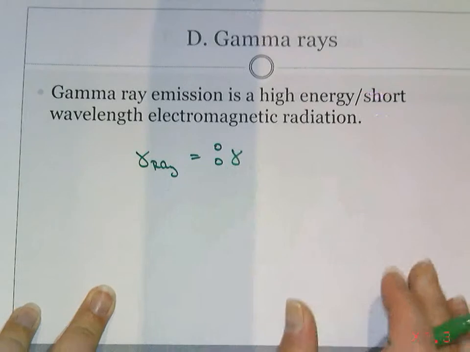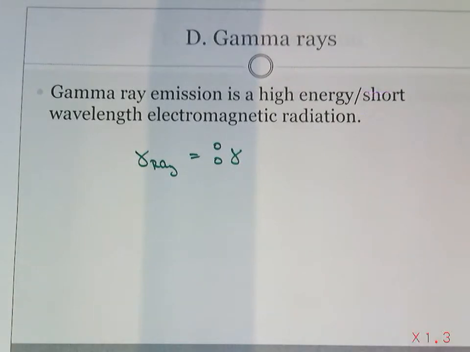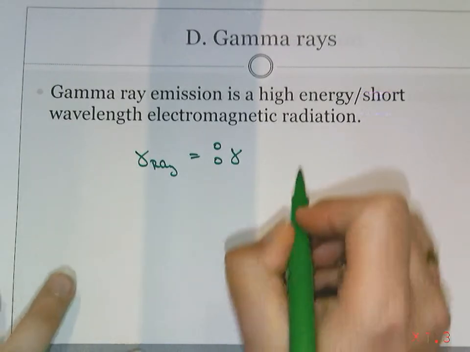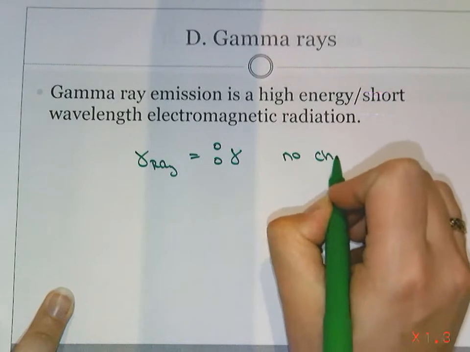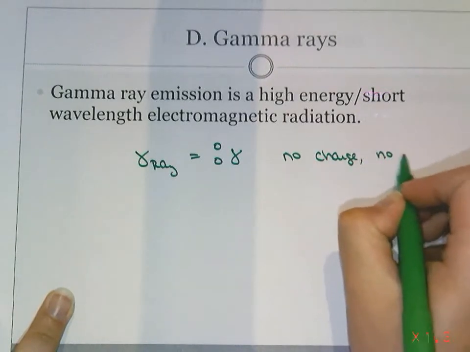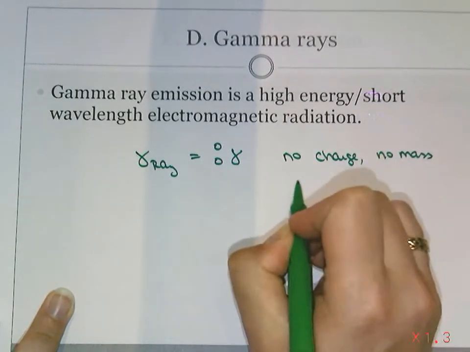What am I telling you when it has a 0, 0? How many protons does it have? How much mass does it have? None, because it's a ray, not a particle. All right, no charge, no mass.